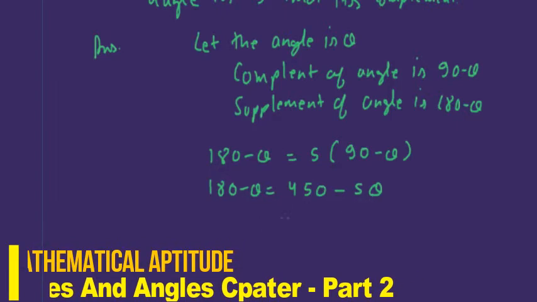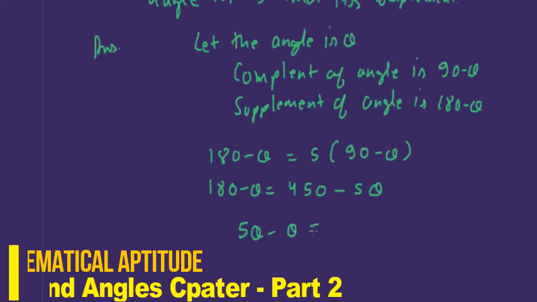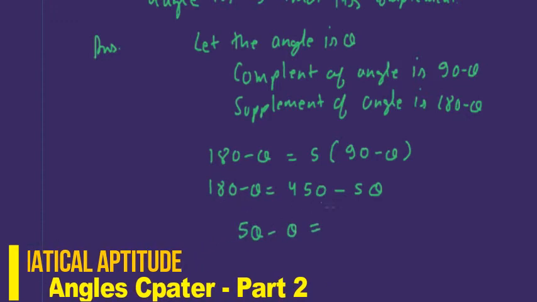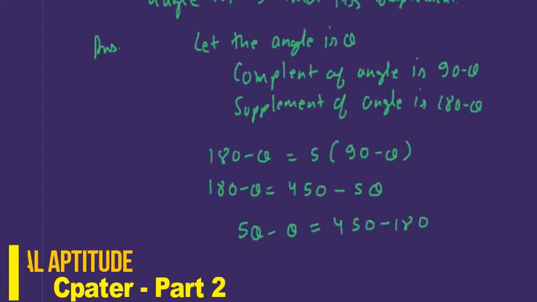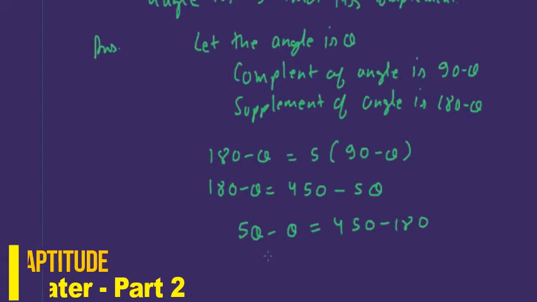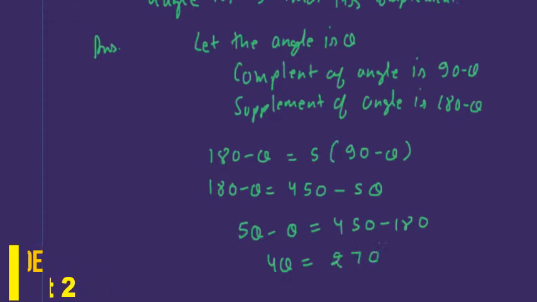Minus 5 theta comes to the left-hand side, it becomes 5 theta minus theta. 180 comes to the right side, 450 minus 180. 5 theta minus theta is 4 theta, and 450 minus 180 is 270 degree.